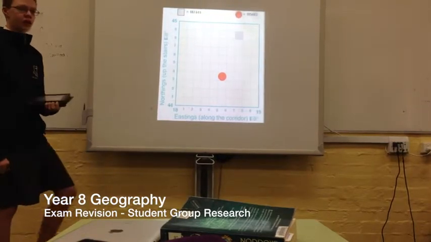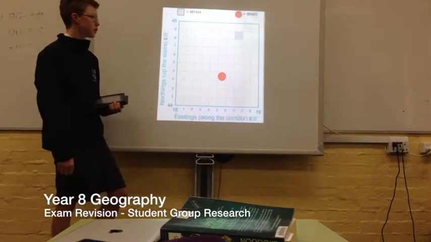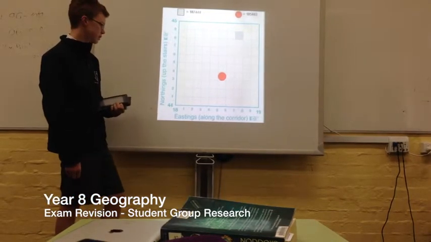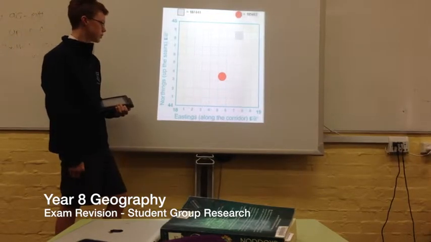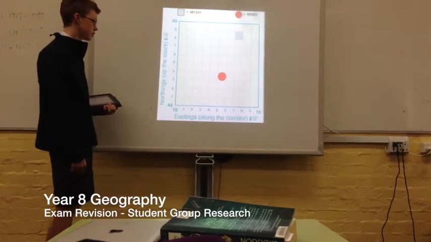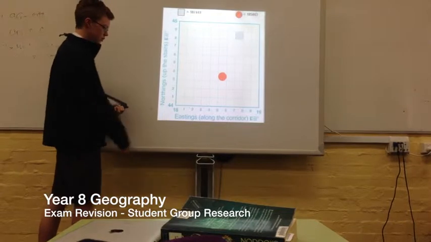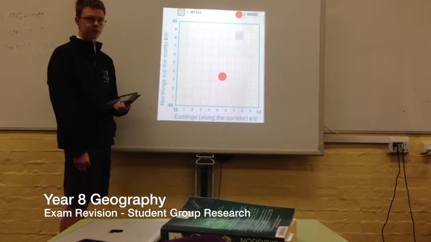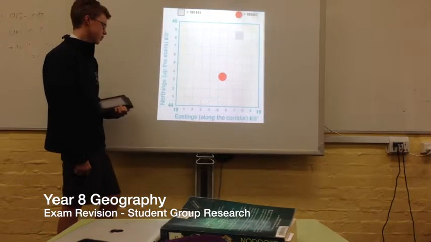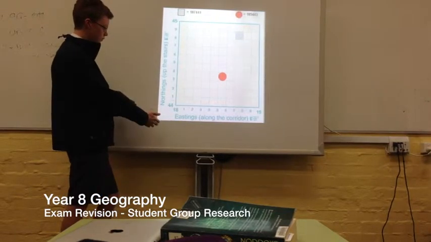Sorry, go, Jared. So I'm doing six-figure grid references, and this is basically the one from the book that we're using. How you make six-figure grid references is firstly you do your eastings. So how I remember it is walk before you climb. So the first two numbers.